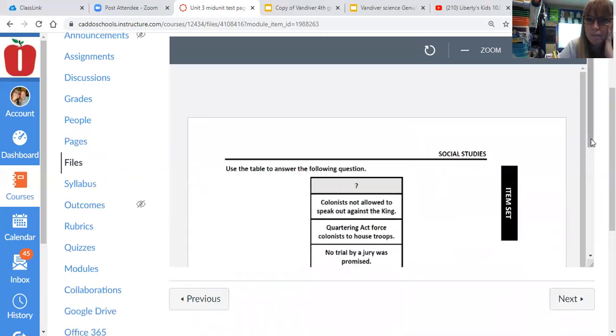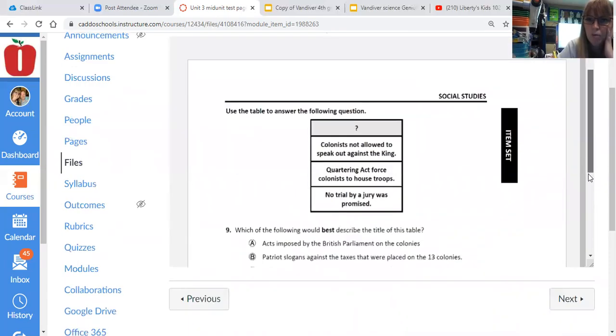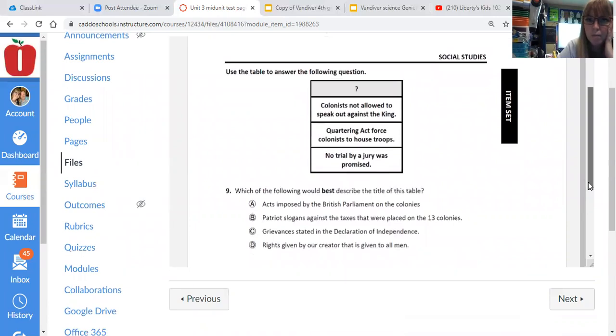All right. So this is a table, and the table needs a title. In the rows in the table are colonists not allowed to speak out against the king, Quartering Act forced colonists to house troops, and no trial by jury was promised. Which of the following best describes the title of this table? So one of these would be a good title to go right here to fit this table.